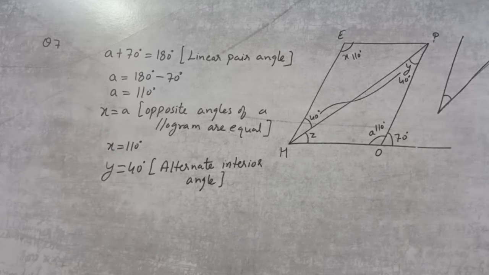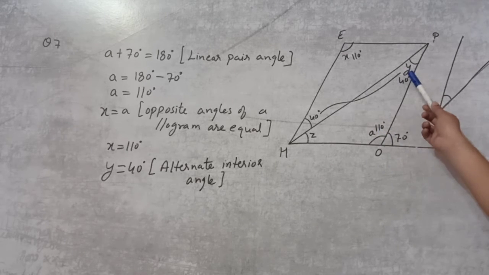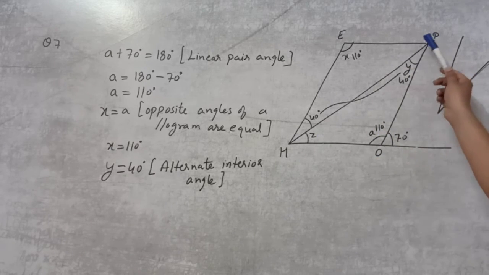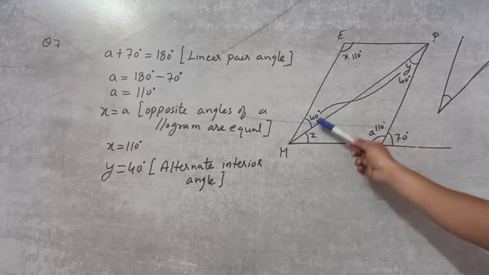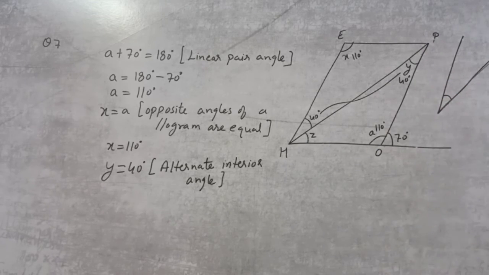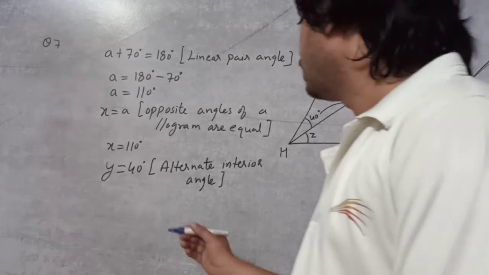But here, this angle we know, this we know, Z we have to find, and HOP is forming a triangle. So we will apply the angle sum property of triangle.